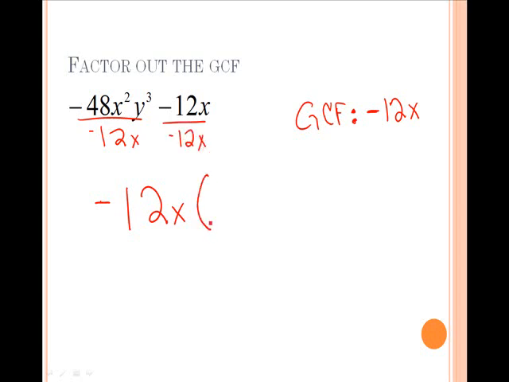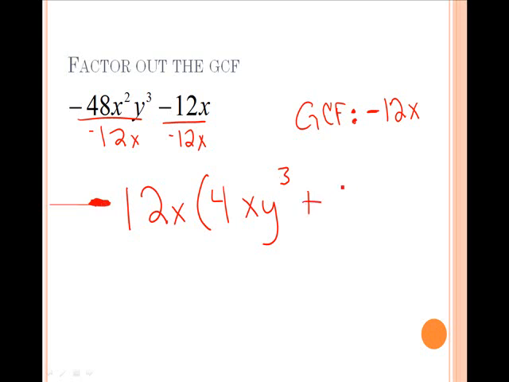Well, now I'm going to get 4, and an x, and a y cubed. Now remember, if you're nervous about the sign, I need to end up with a negative 48x squared y cubed. So if this 12x out here is negative, my very bold negative sign right there, then that's going to work out for me. But also right here with the second term, we just discussed what happens there.